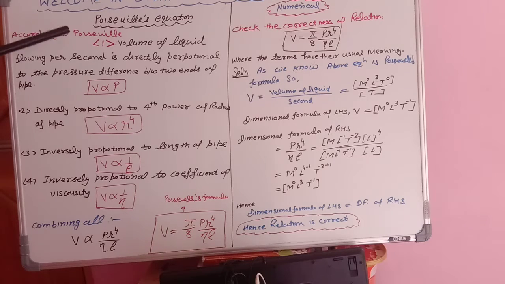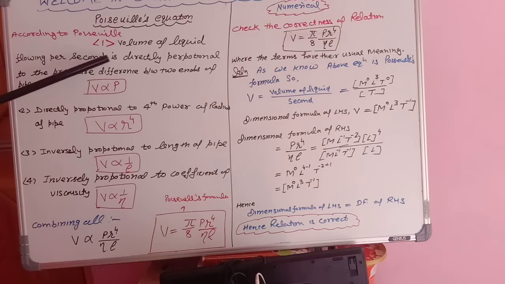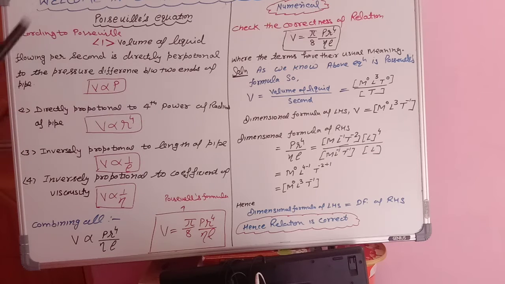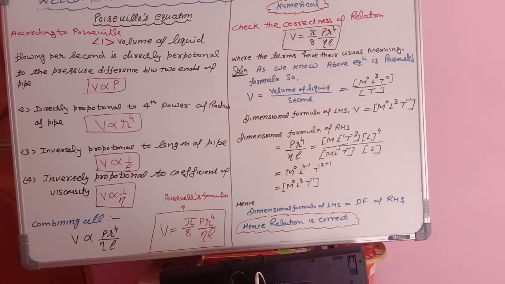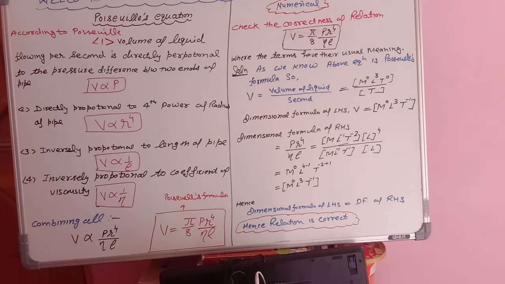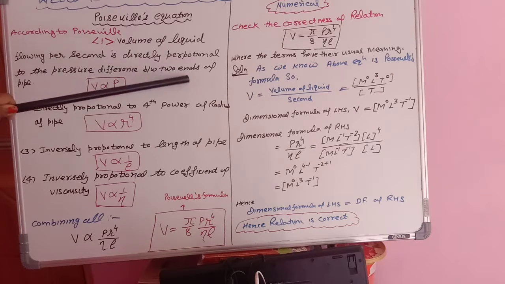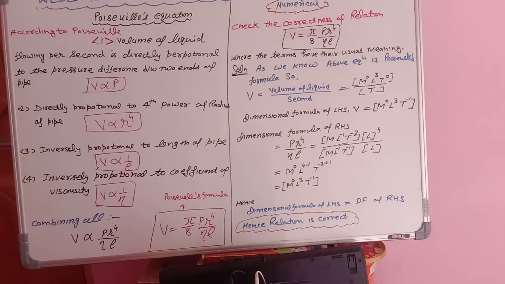The first point is that the volume of liquid flowing per second is directly proportional to the pressure difference between two ends of the pipe. This relation we have taken for the liquid which is flowing through a pipe. The first point is saying how much volume of water can pass through that pipe per second.